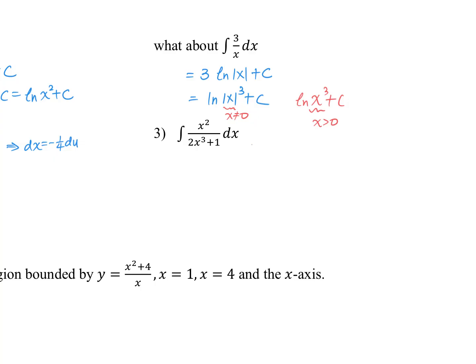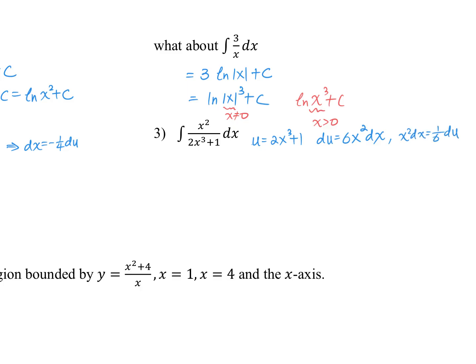So let's do that. Let u be 2x cubed plus 1, and du will be 6x squared dx. The good sign is you see the x squared dx, which is this part. So let's solve for that. This means x squared dx is equal to 1 over 6 du.